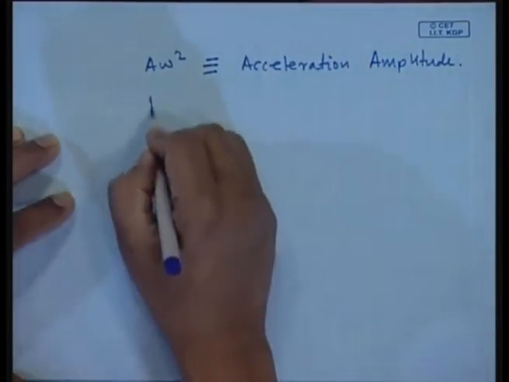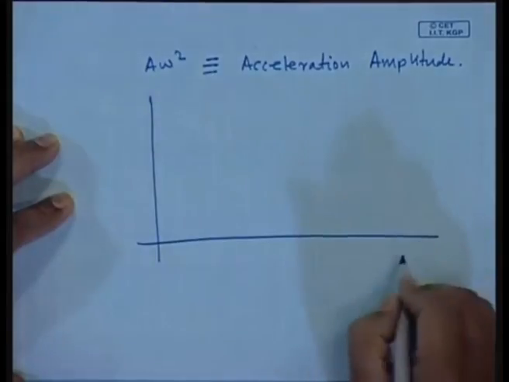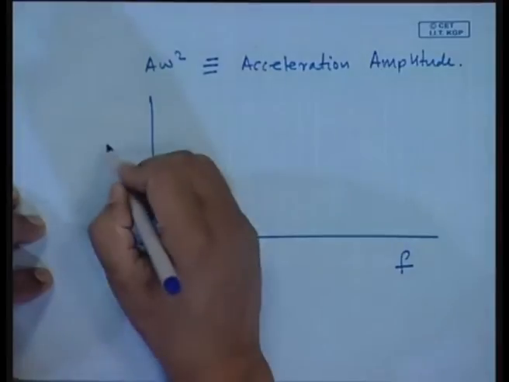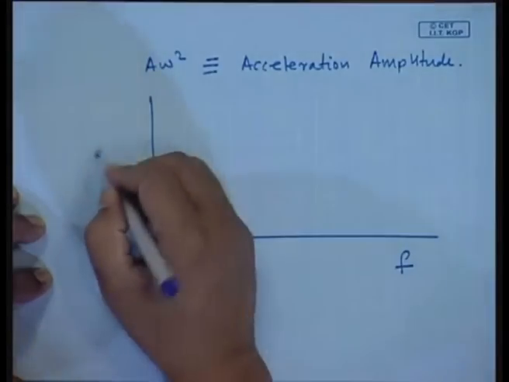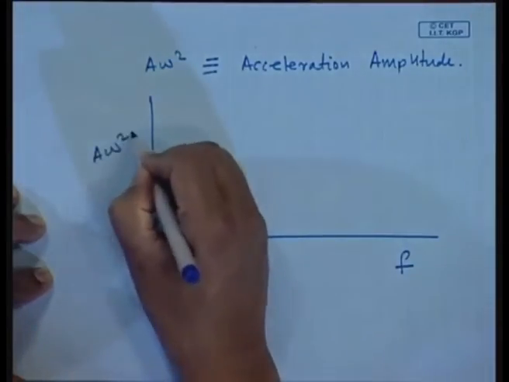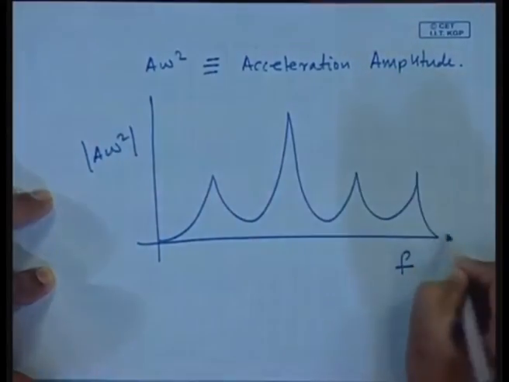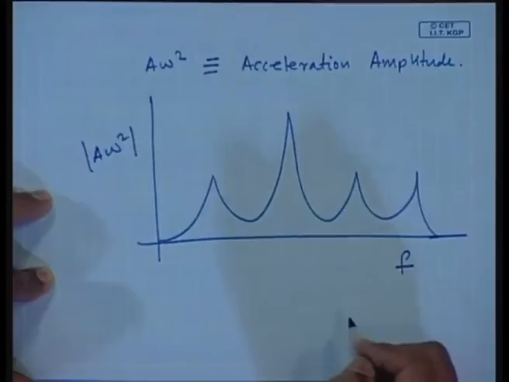And if I plot the spectrum from the signal obtained out of the accelerometer amplitude, I may get something like this, right.